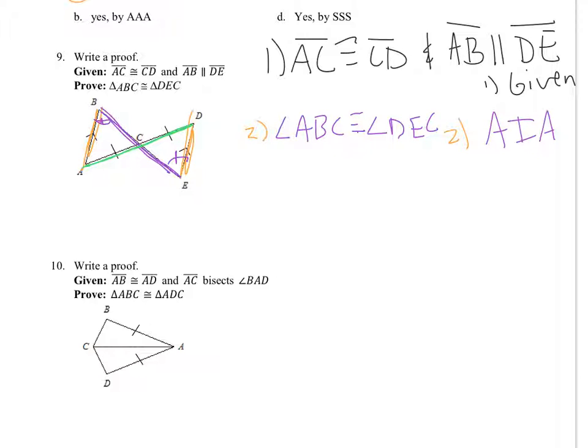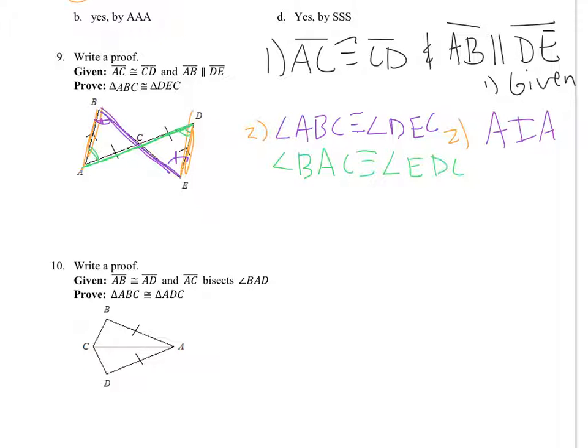Here's the line that can help find the Z. So this angle and this angle. I could also say, for the same reason, angle BAC, and it's very important that you write this correctly, and angle EDC are also congruent because of alternate interior angles.